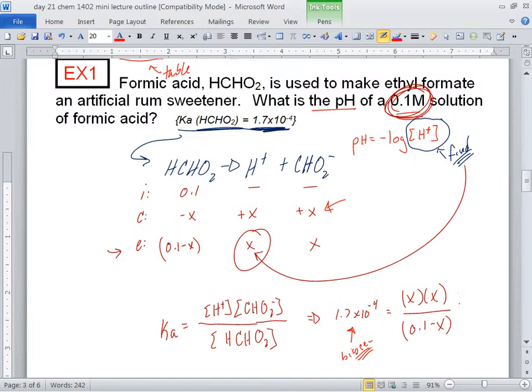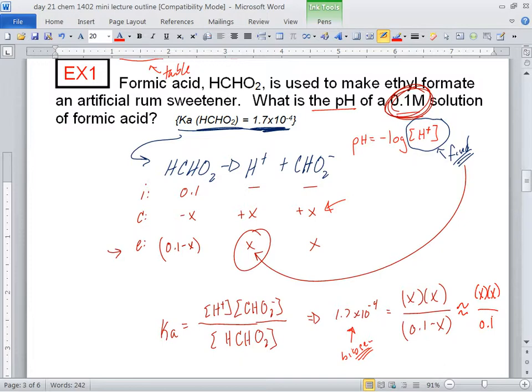This should make you really happy. I'm going to do my squiggly lines, which means approximately. I can't mess with the top, because a small number times a small number, you can't mess with it. But if I take 0.1 minus a small number, I essentially get 0.1.